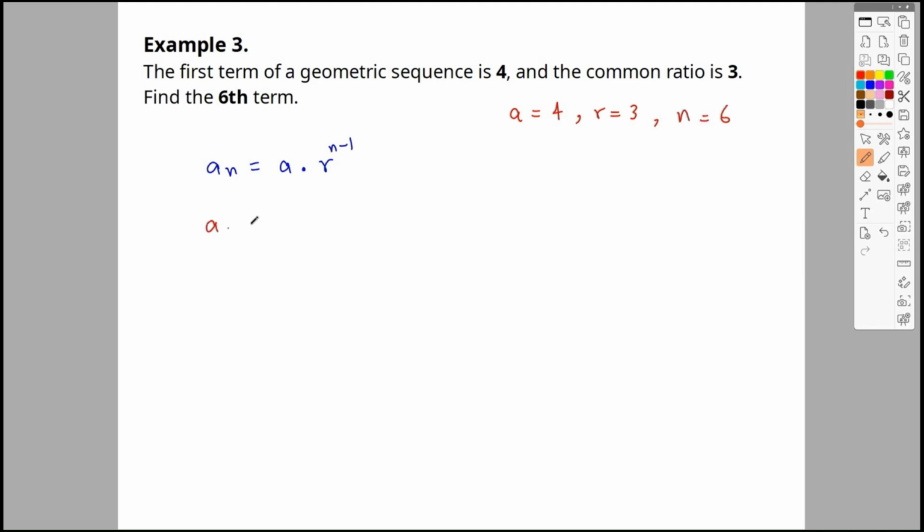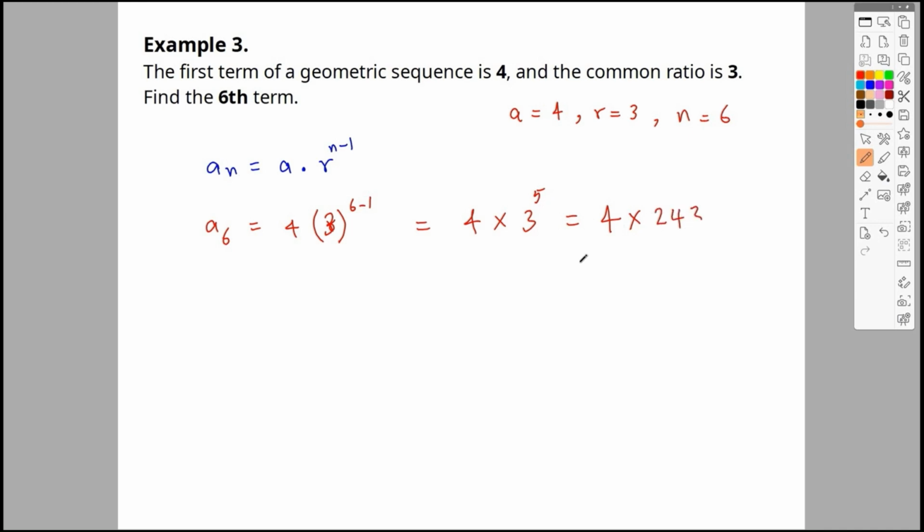So a_6 equals a, 4, times r, 3, to the power n minus 1, 6 minus 1. So 4 times 3 to the power 6 minus 1, which is 5. 3 to the power 5 is 243.